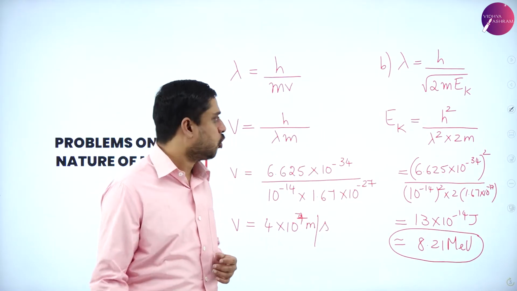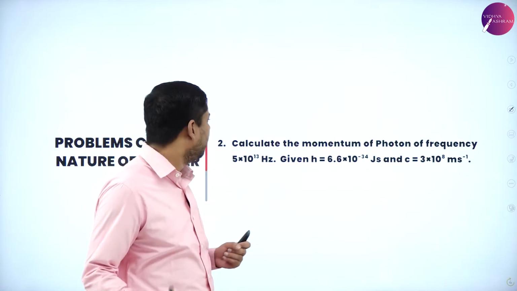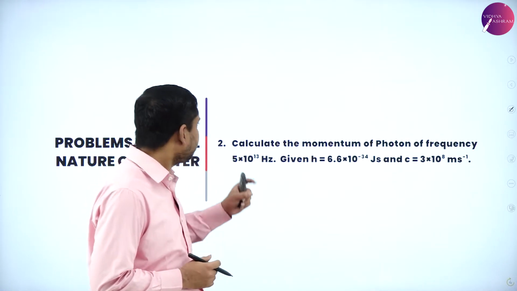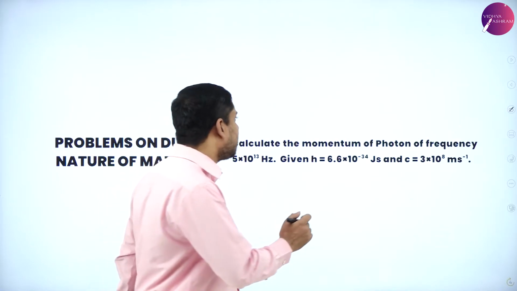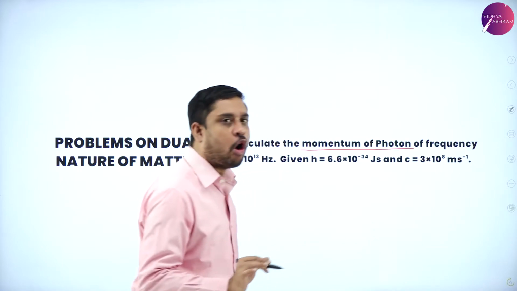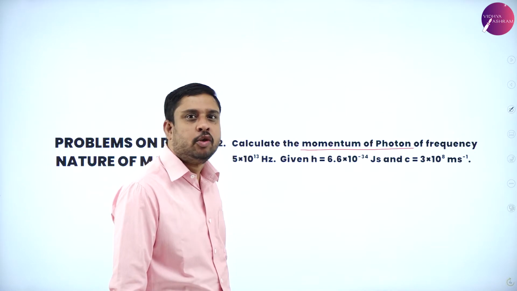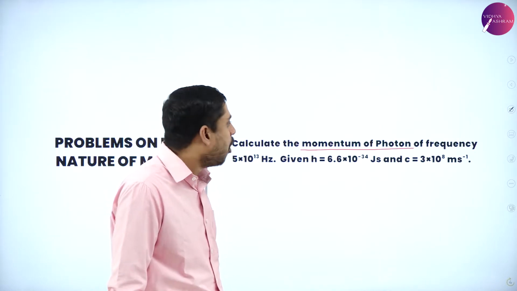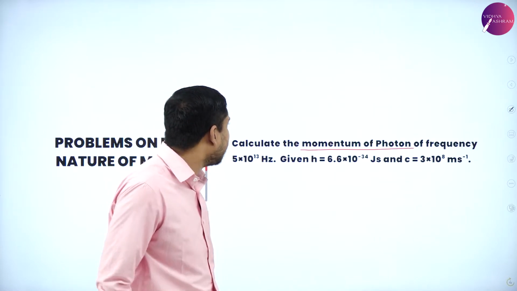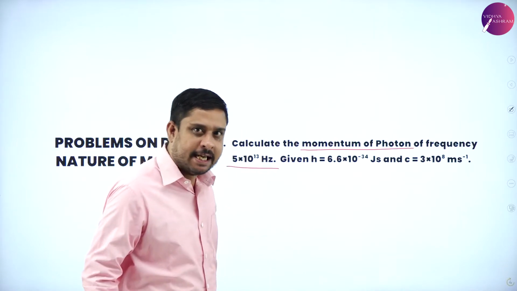The next problem, students. Again, a very simple one, a direct one. Calculate the momentum of photon. I have been asked to calculate the momentum of photon of frequency 5 into 10 power 13 hertz.